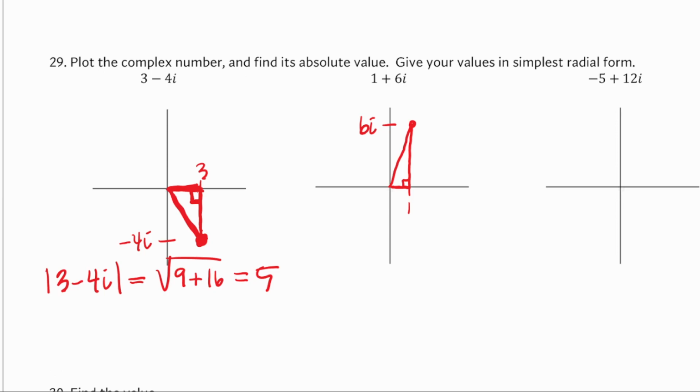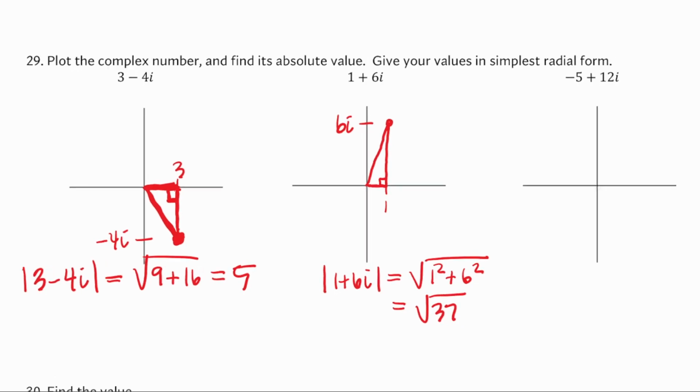Doesn't matter, just however you're looking at it. So the absolute value of 1 plus 6i is going to be the square root of 1 squared plus 6 squared, which is going to be the square root of 37.